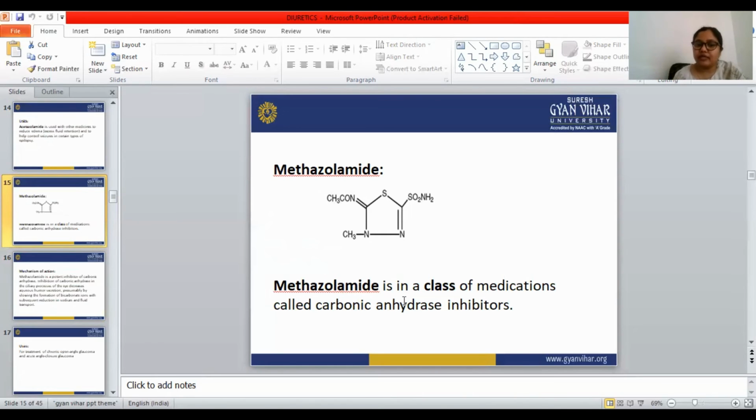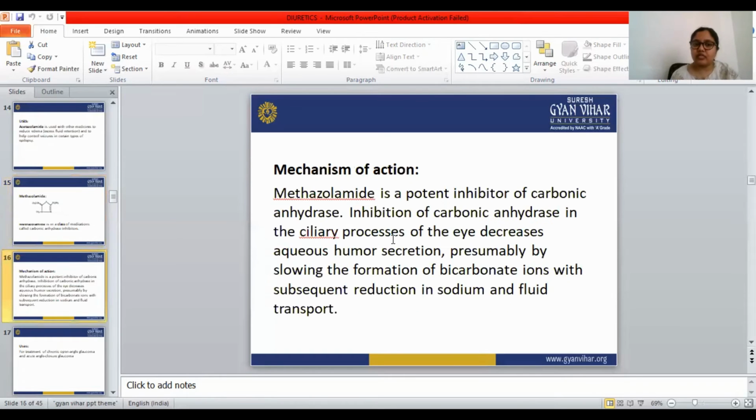And methazolamide is a class of medication called carbonic anhydrase inhibitors. So this is again a carbonic anhydrase inhibitor, and this is again a heterocyclic carbonic anhydrase inhibitor.